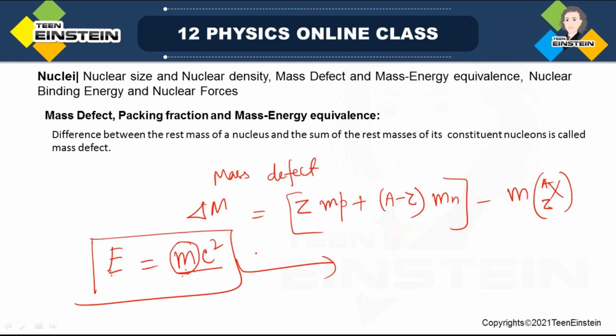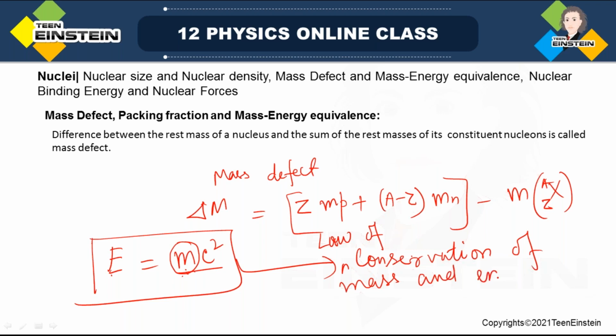So that's how, according to Einstein, or according to special theory of relativity, we should not have separate conservation law of mass and conservation law of energy. We should have a combined law of conservation of mass and energy.